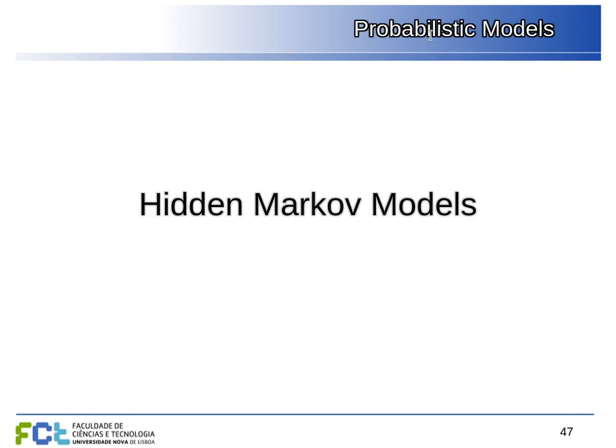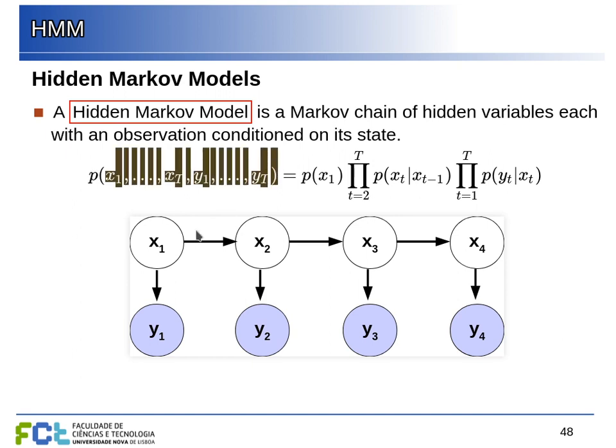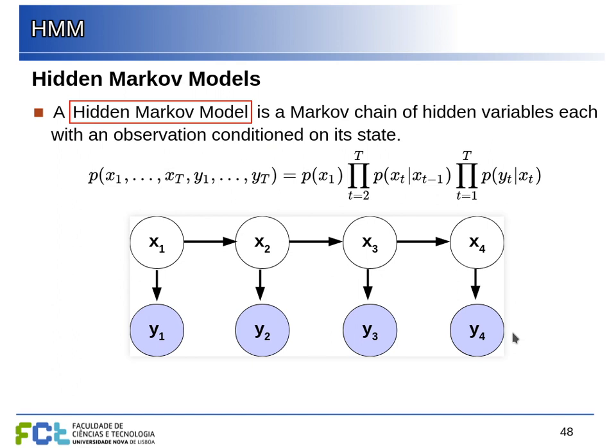So let's use this and look at hidden Markov models, which are these dynamic Bayes networks where we have a Markov process in the hidden variables. These X states are not observed, but for each state we can also emit some observable variable at each step. And basically what we have is a joint probability distribution of all the hidden states and all the observed states Y here.